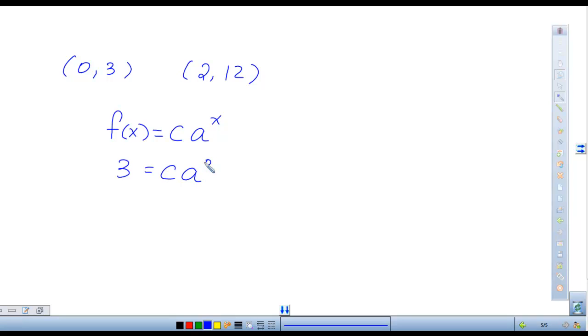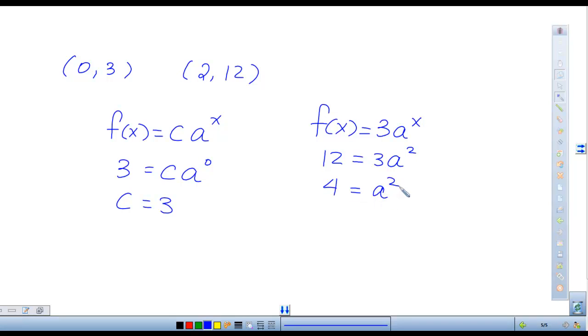A to the 0 is 1, so we get c equals 3. That brings our model to f of x equals 3 times a to the x, and this time I'll use the point 2, 12. So we get 12 equals 3 times a squared. If I divide both sides by 3, we get 4 equals a squared, or a equals what?